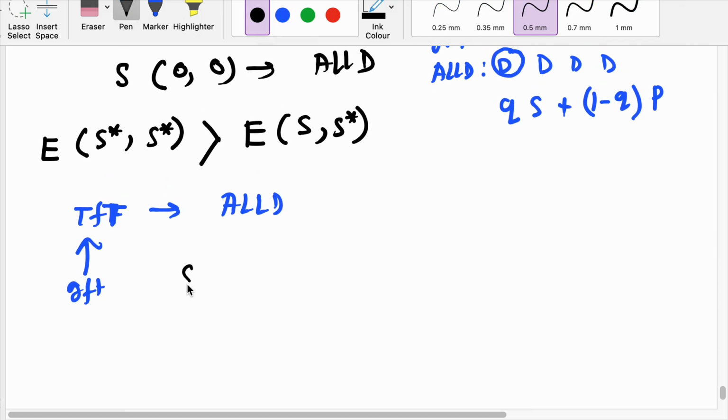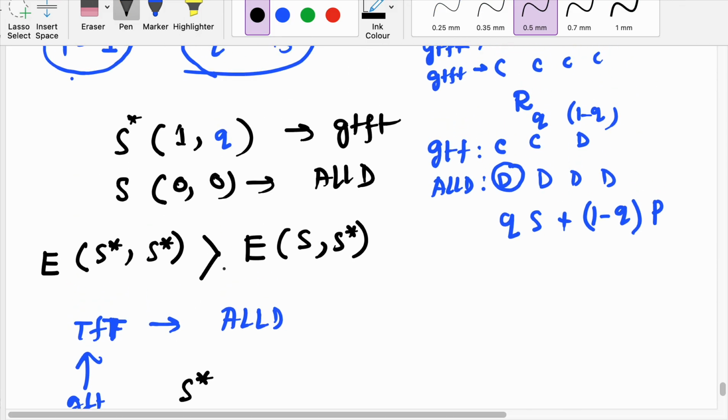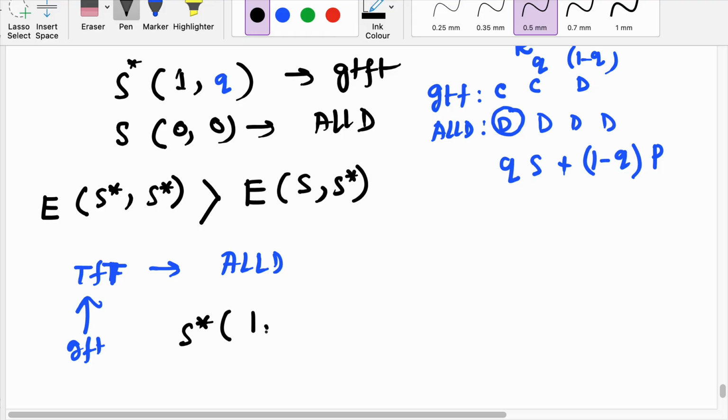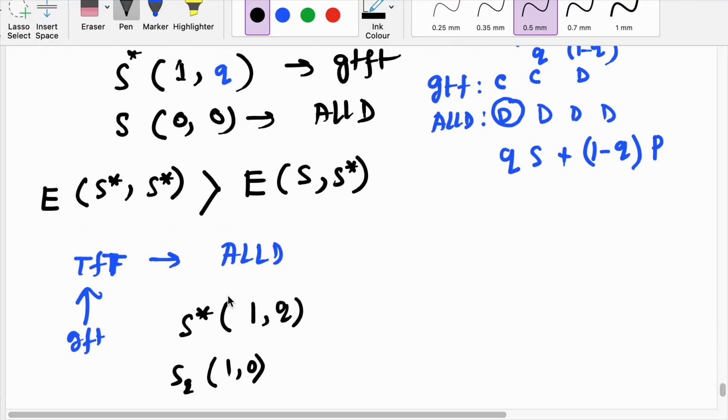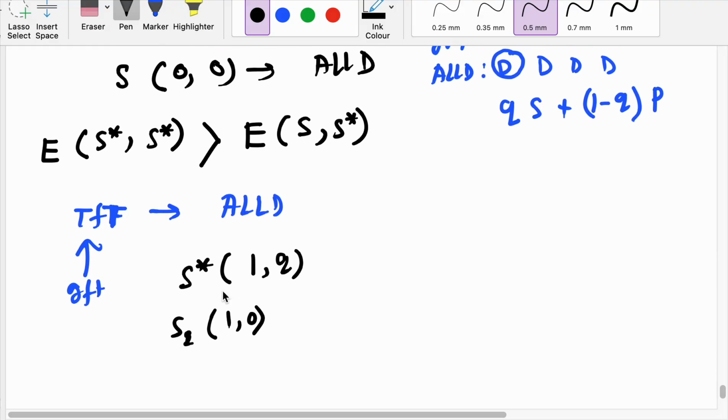So we also have to see that A star is 1 comma 0, and another strategy is the TFT strategy, 1 comma 0, with some error.